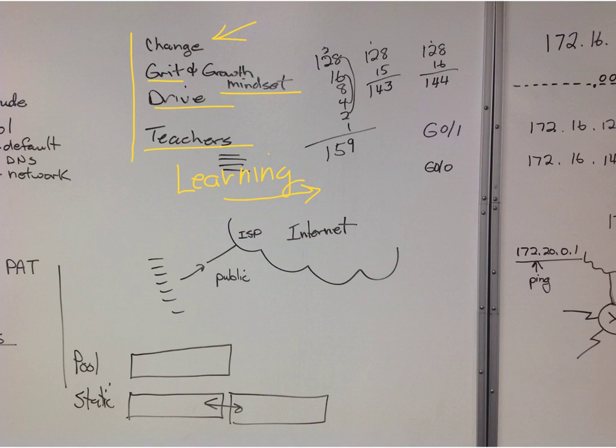So down here we did an example where you have, like at your house, all these devices, and those addresses get translated to one public address to use out on the internet, and then they all come back to that public address.